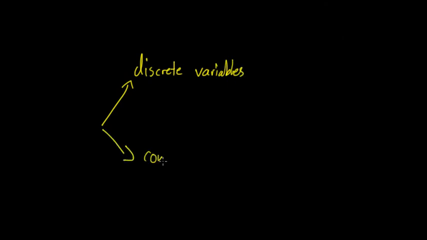Now, there are two important sort of variables that we'll talk about in probability, and it's really important to distinguish and make sure you understand the difference between them both. The first are discrete variables, and the others are continuous.